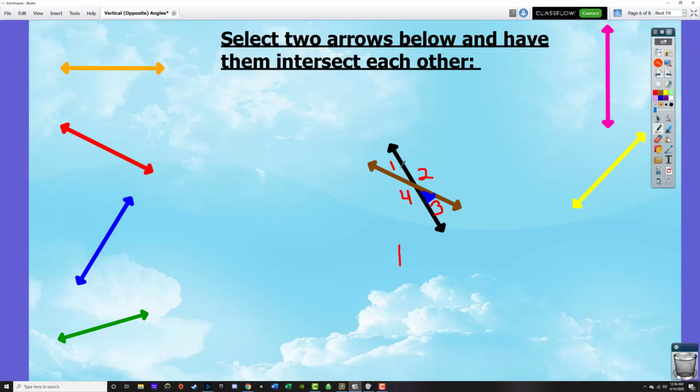That angle there and this angle right here are vertical, meaning they are congruent. And if I were to ask you, let's take angle 4. Which of these other angles is vertical or opposite to angle 4? Well, the answer should be pretty obvious by now. That would be angle 2.